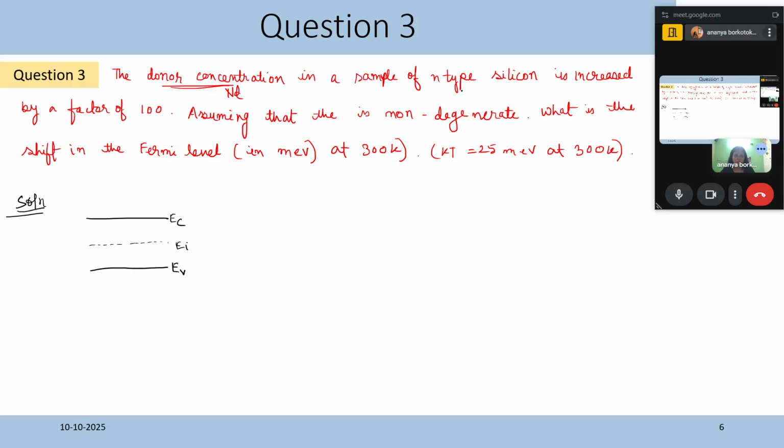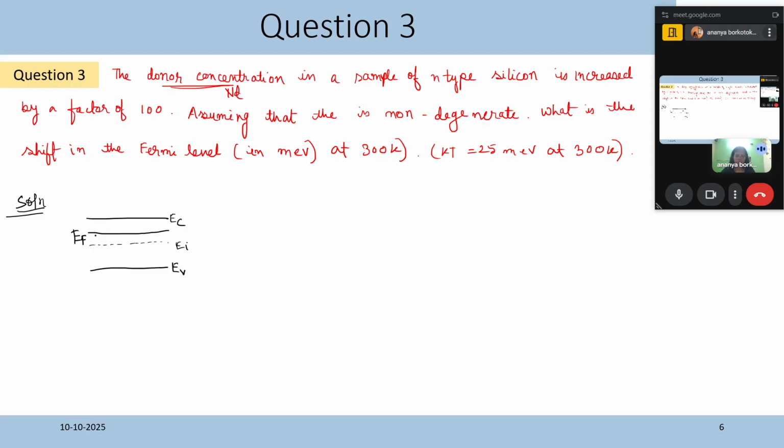If there is n-type doping, there are donors, then the concentration of electrons is higher, so the Fermi level moves closer towards EC. Say this is EF. How close the Fermi level will move towards EC depends upon the doping concentration. The Fermi level is like a water level, indicating that electrons are filled up to this much.